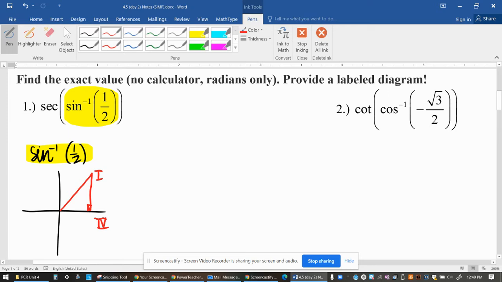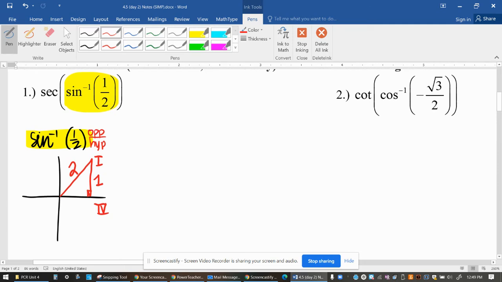Now my job is to figure out the reference angle. Sine is opposite over hypotenuse, which is 1/2. What angle is always across from the 1? That is 30 degrees, but in radians, we say pi over 6.